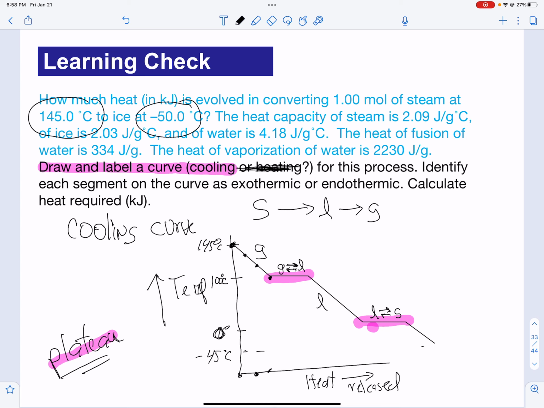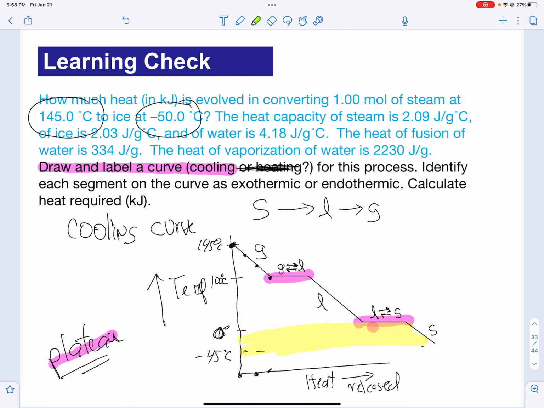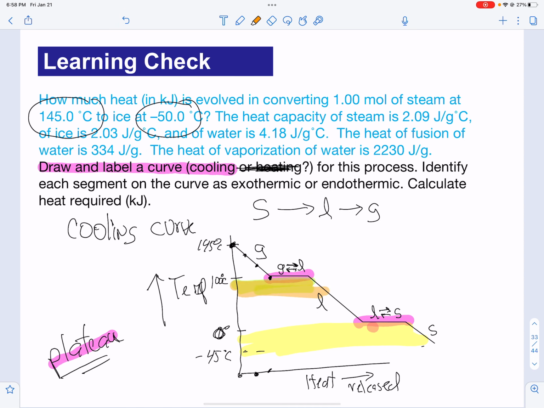And from here down, all this is solid. So all this area here is going to be our solid area. This is going to be our liquid area. Let me use a different color. I'm colorblind, so I have to go darker so I can see it better. So this is my solid.